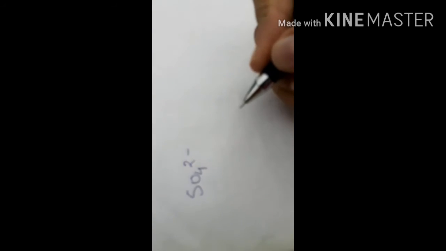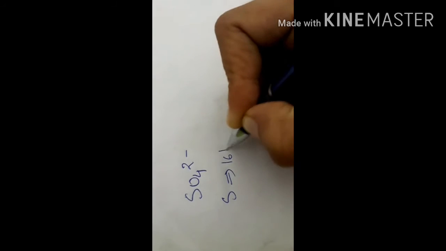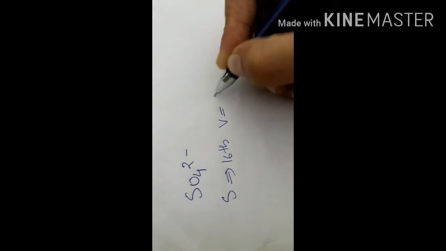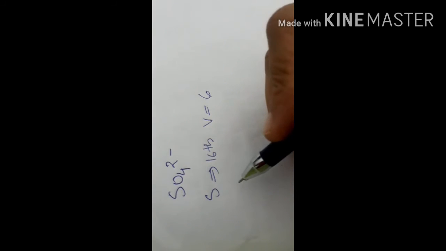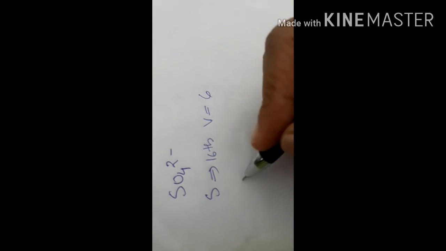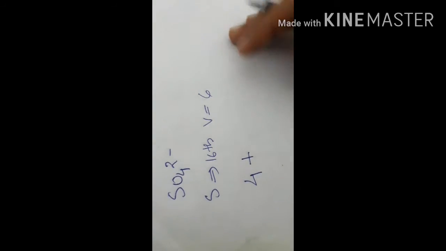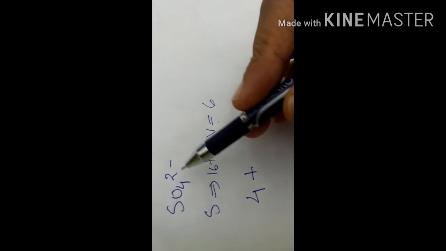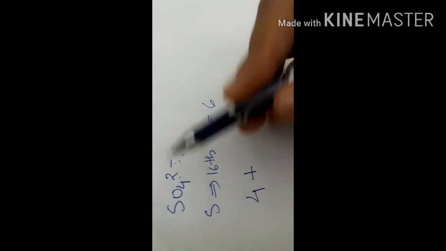Then we consider another species, SO4 2 minus. Sulfur is a 16th group element. Its valency is 6. 4 oxygens are attached to it. That is, the number of atoms attached is 4 plus the lone pairs. To find the lone pairs of electrons, we first consider the valency. Here there are 2 negative charges, which means sulfur can accept 2 electrons.